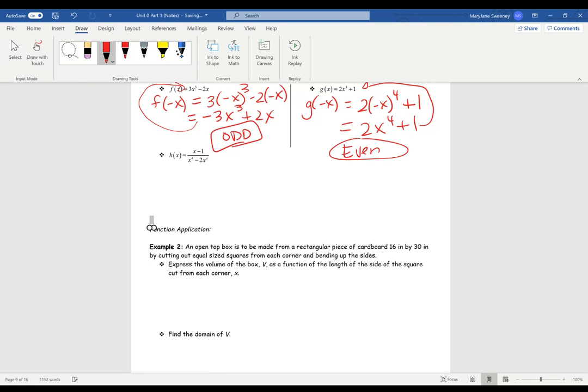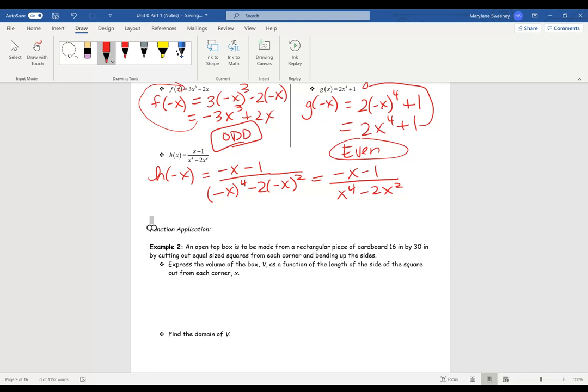For the next one, h of negative x is negative x minus 1 over negative x to the fourth power minus 2 times negative x squared. So a negative to the fourth is positive. A negative squared is positive.